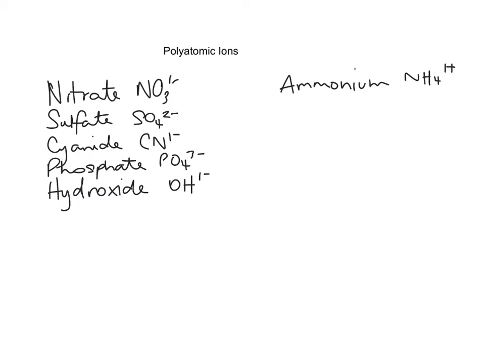So nitrate, sulfate, phosphate also contain the element and oxygen. Cyanide, CN-1, hydroxide, OH-1. So they all have a charge, but they're also made of at least two different atoms.